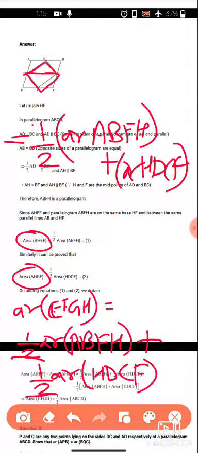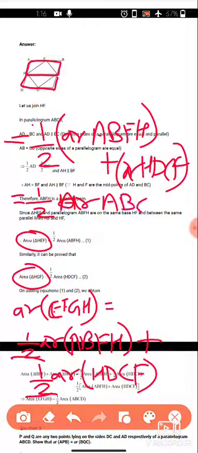Okay, now when you add both these areas, HDCF and ABFH, half stays outside as it is, and when you add both these parallelograms, you get the whole parallelogram, that is half of area of ABCD.